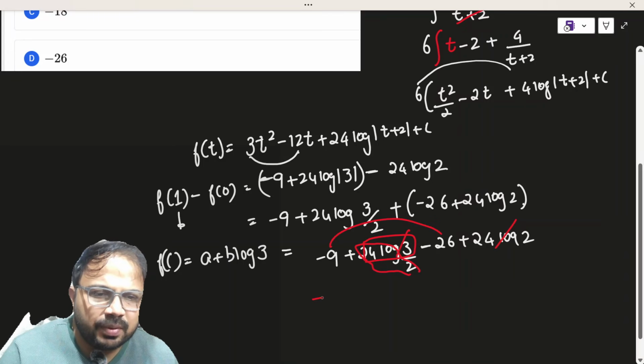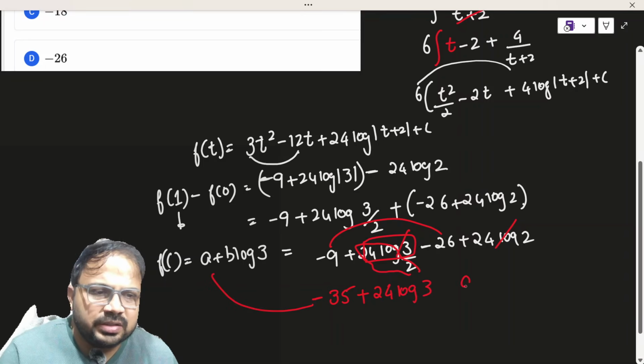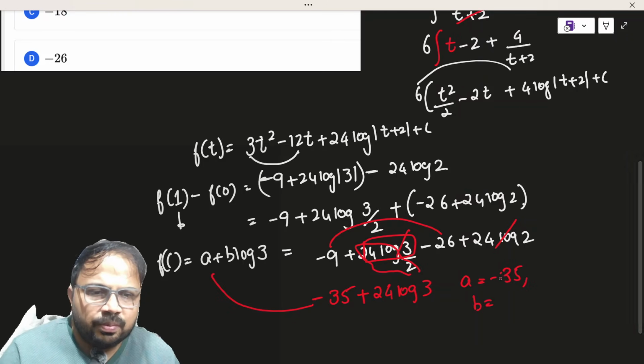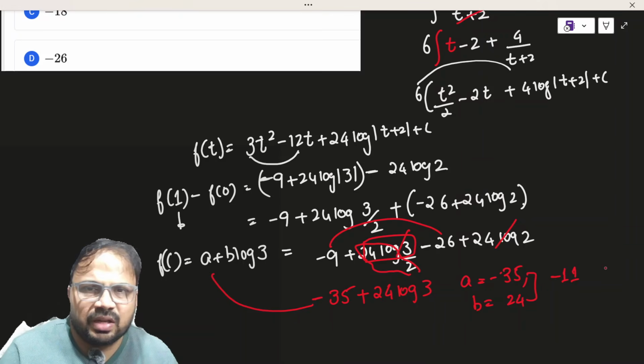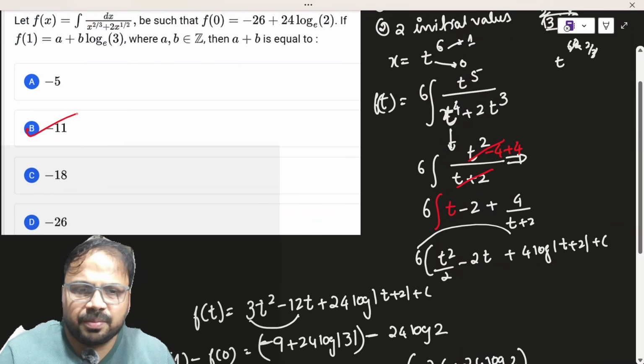So this and this would become minus 35 plus 24 log 3. So on comparison, a is equal to minus 35, b is equal to 24. So a plus b would be minus 11. Yes, it is one of the options.